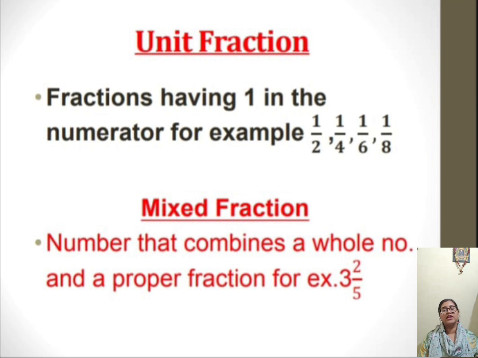Then next we learned the types of fraction, class. How many types did we learn? There are like, unlike, proper, improper, mixed, and the last one is unit fraction, class. So let us revise these types fast.